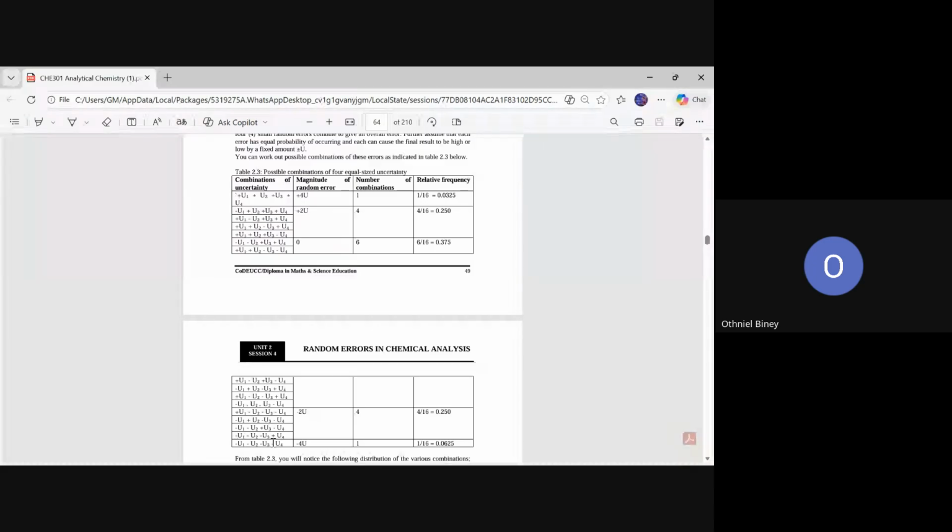Do you understand me? So we are saying based on our plus or minus u, we can get a combination of uncertainty 16 times. Is that okay?